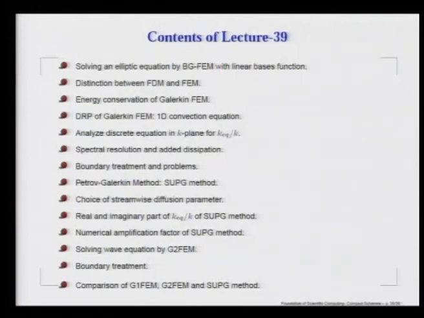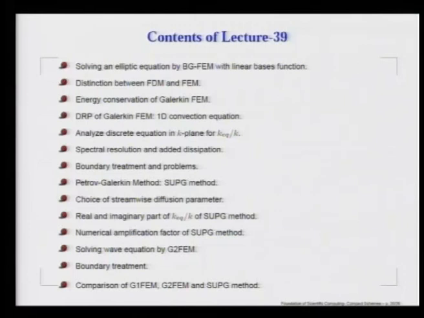One aspect of this SUPG method is in choosing the streamwise diffusion parameter that is built into the method, and this has been done following some classic work for once again a 1D convection equation, but unfortunately this diffusion parameter has been designed for a method for which one assumes that there is no error in time discretization.